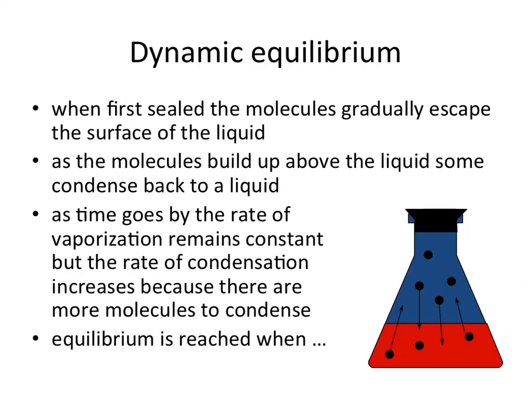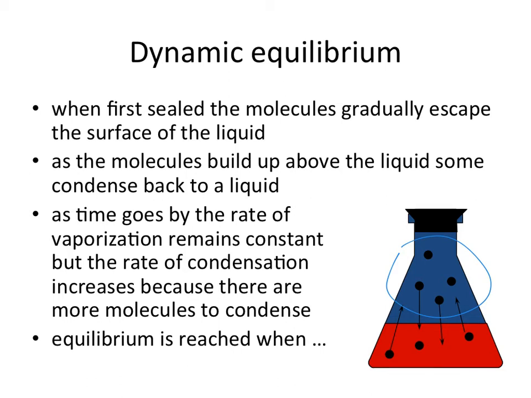Okay, so I do want to talk about something called dynamic equilibrium. So what do I mean by that? Okay, so dynamic, we're thinking like motion, movements. And equilibrium is basically when two processes that are the reverse of each other are occurring at the same time. So if I were to take a liquid that has the ability to vaporize and put a cork into the container that it's in, what's going to happen is that the molecules of gas are going to escape the surface of the liquid and basically start to build up above the liquid.